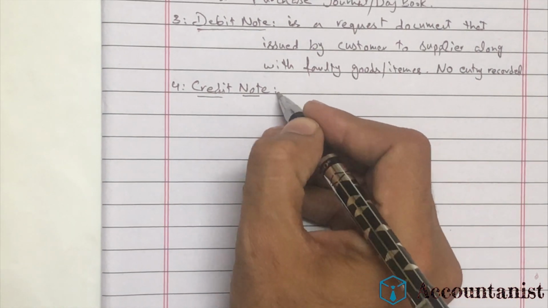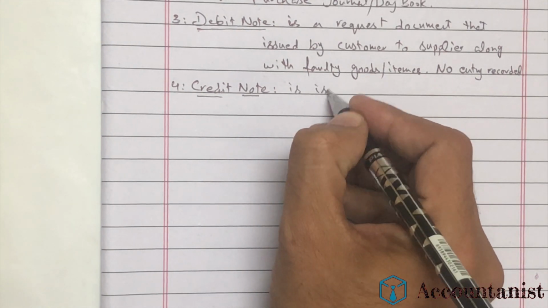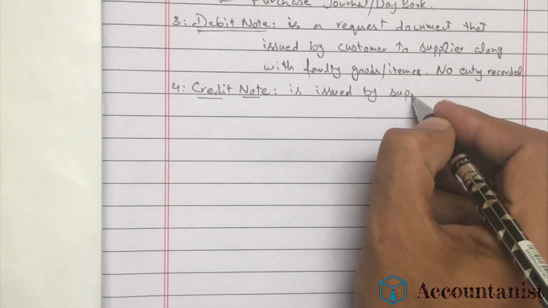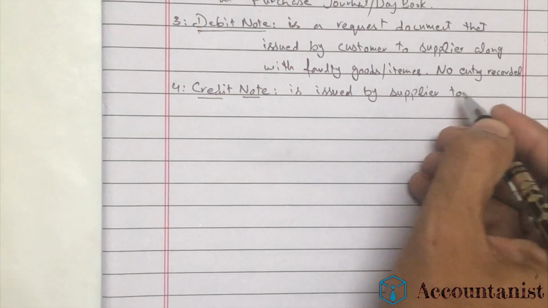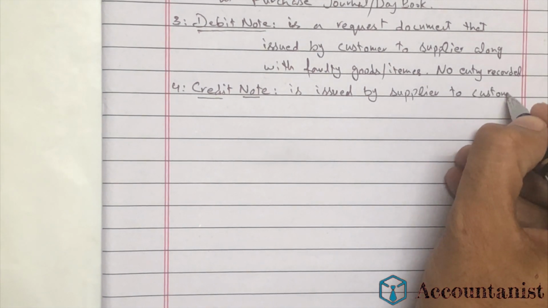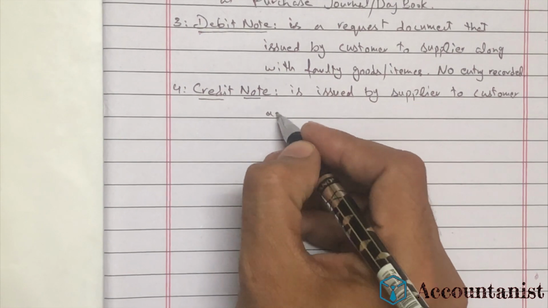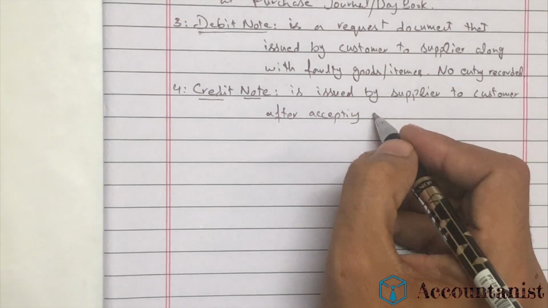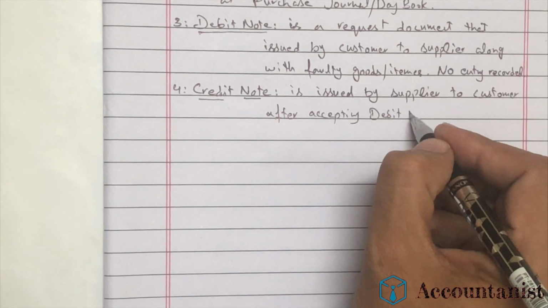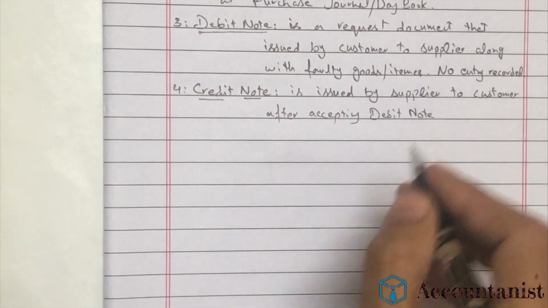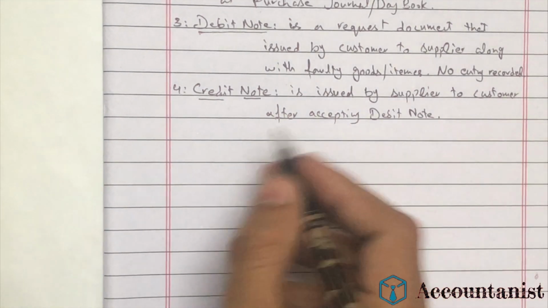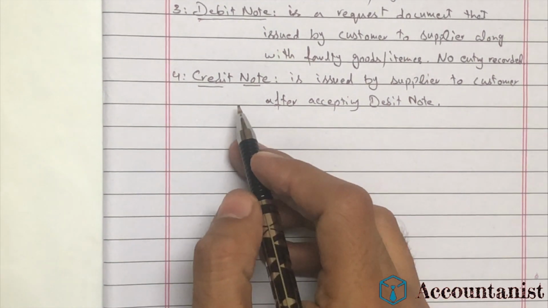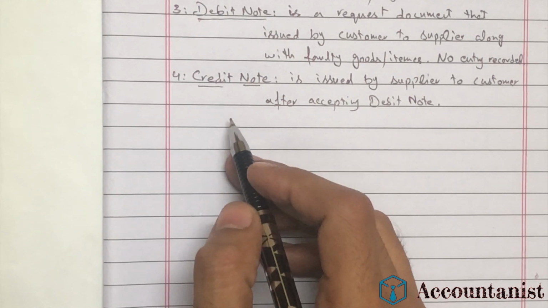So the credit note is issued by the supplier again to customers after accepting the debit note, meaning the faulty goods. It again has two copies, and one copy will be given to the customer and one copy will be kept with the supplier.